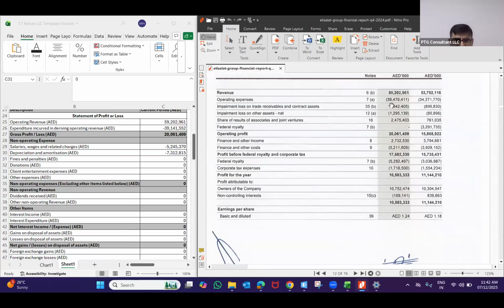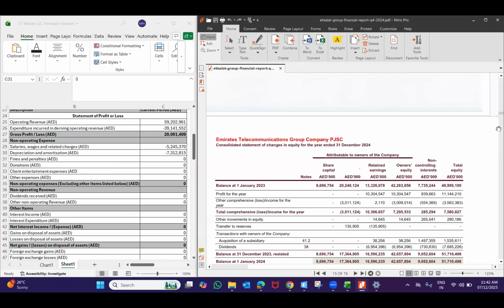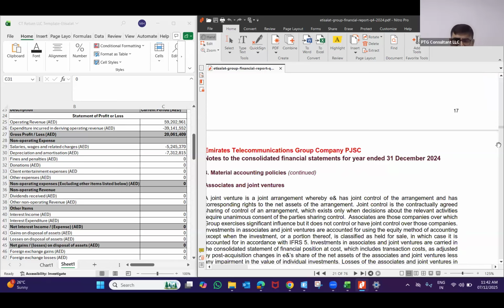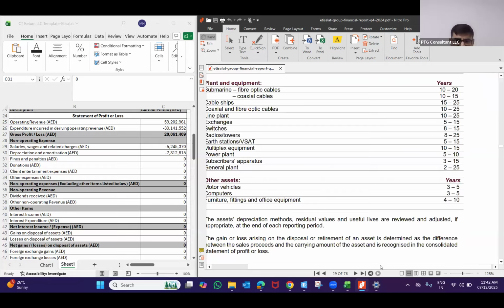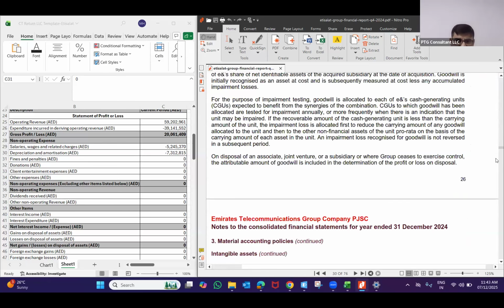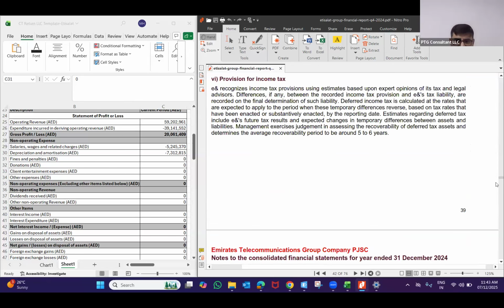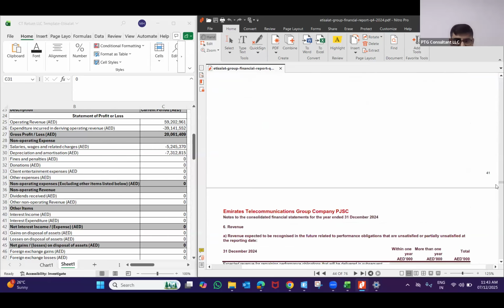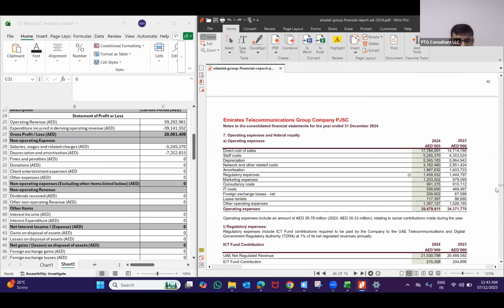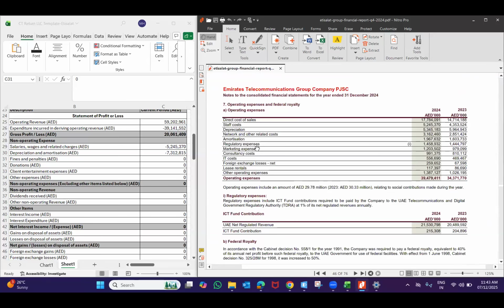From where we took the salaries and wages, we have taken from the same note. Guys, what is the note number from where we took the figures? I believe it is 9, operating, and 7.